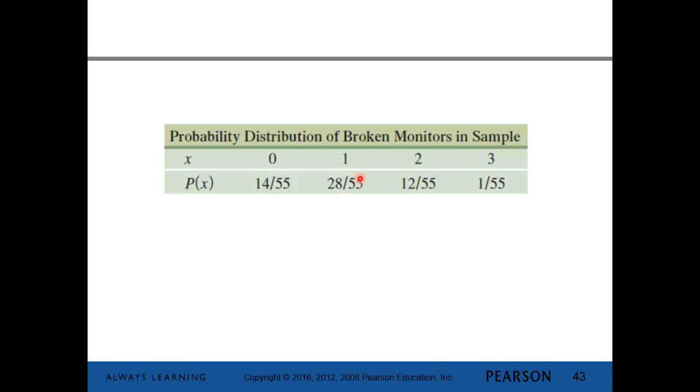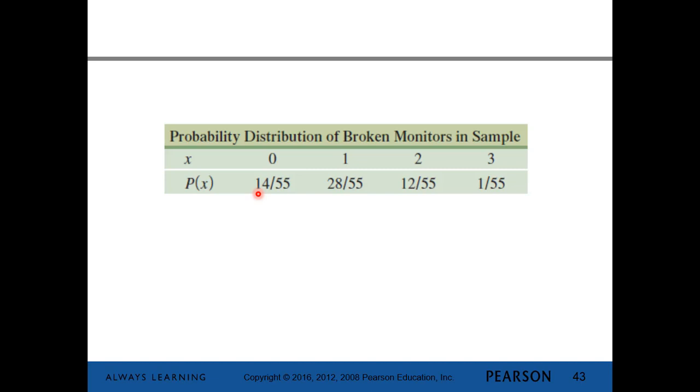So now, what's the corresponding probability? What's the probability that he finds none? Well, how many monitors are not broken out of the 12?